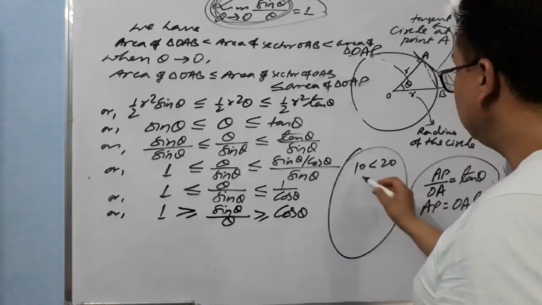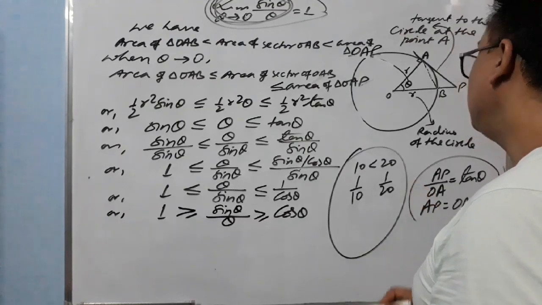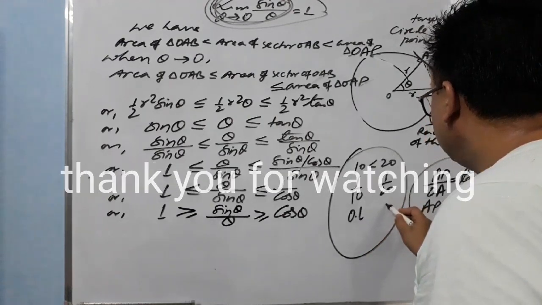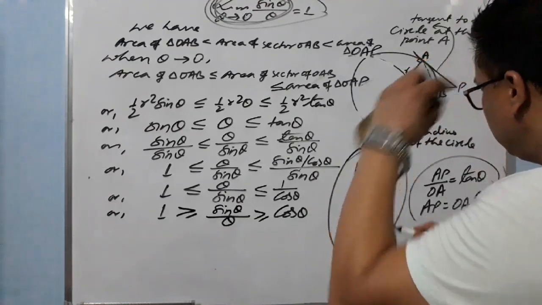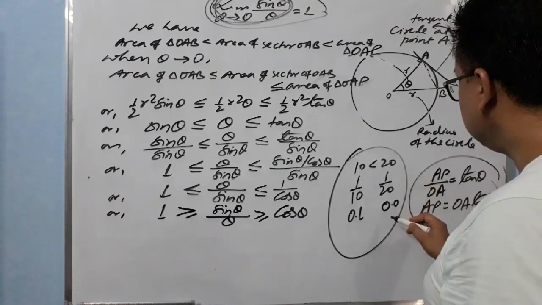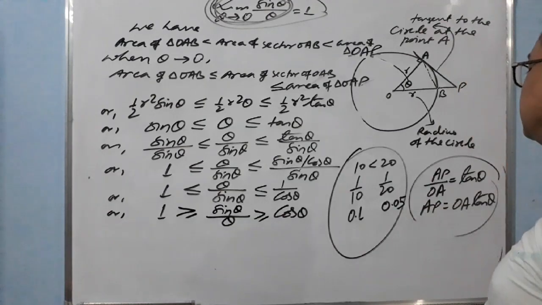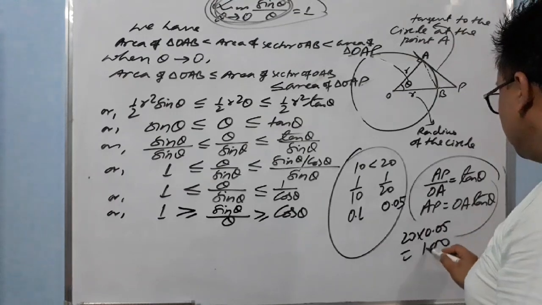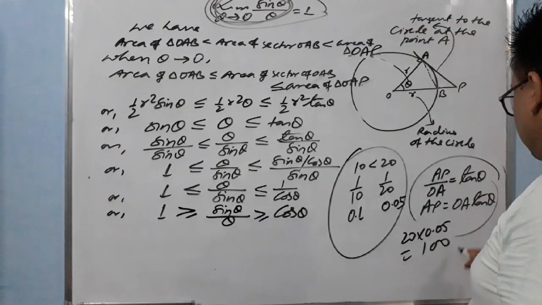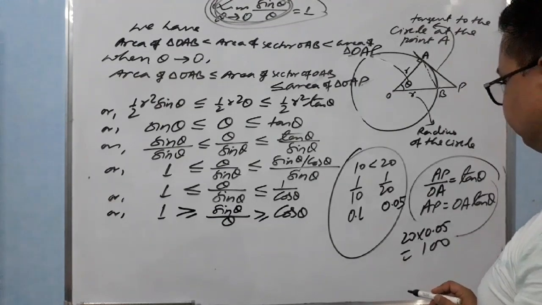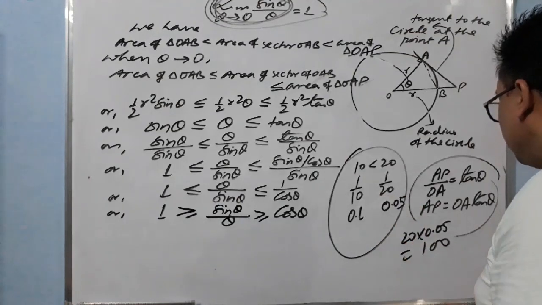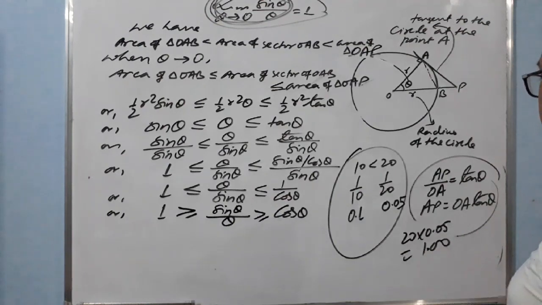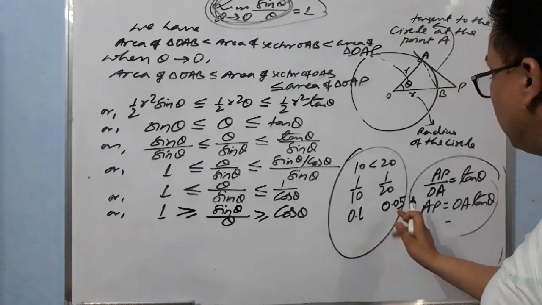If we take the reciprocal, we get 1 upon 10 and 1 upon 20, that is 0.1 and 0.05.